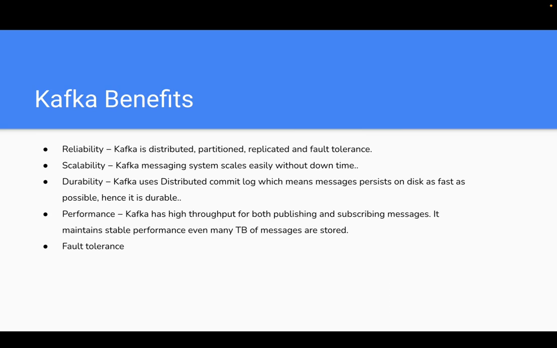Also, throughput: we can achieve high throughput if we are using Kafka. If you are using a single system or a sync mechanism, whatever requests you are getting will be consumed at that pace. And what will happen if your requests are higher at a particular time?